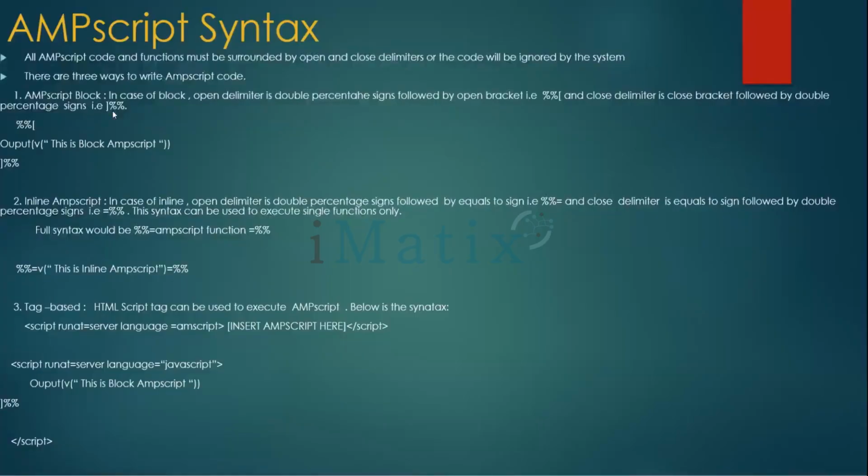If we want to print, we can use the output function. This is a block of AMPscript with the closing bracket and percentage symbol. We can test it in our code.